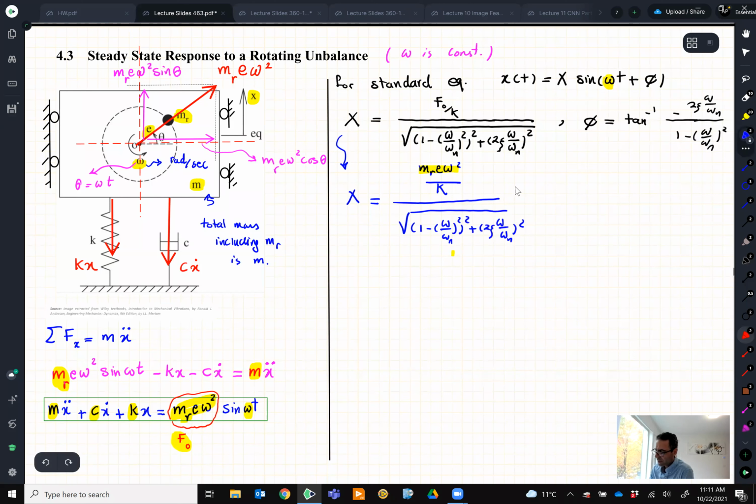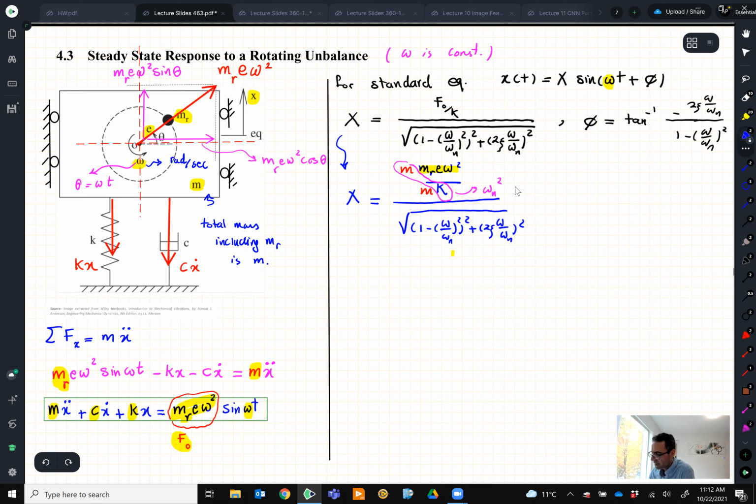Now a little bit of manipulation. Like always, I multiply by m and divide by m, and this m over k gives me omega n squared in the denominator.